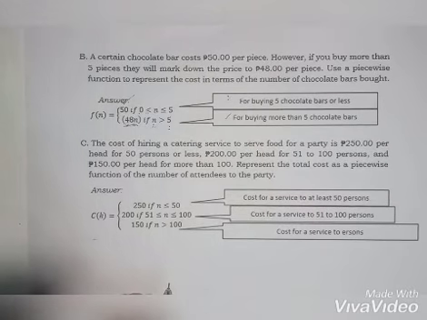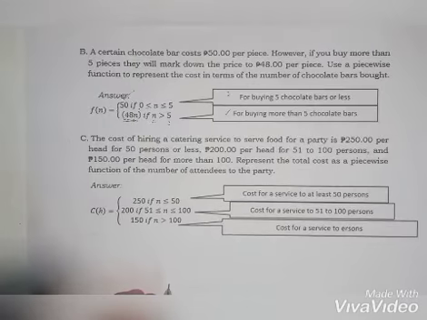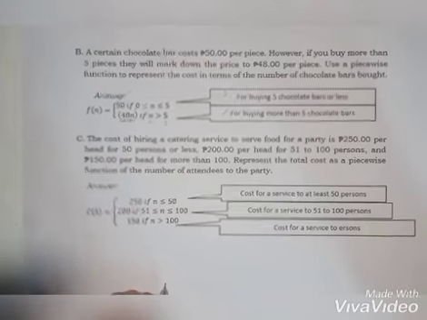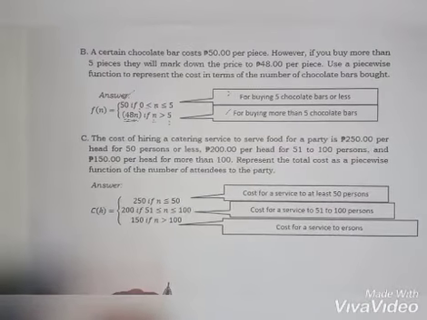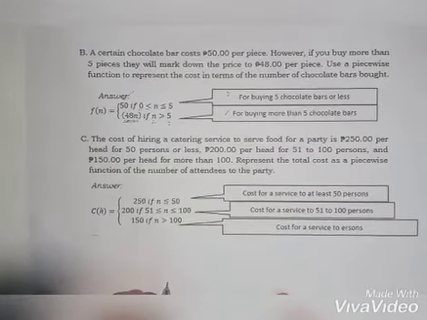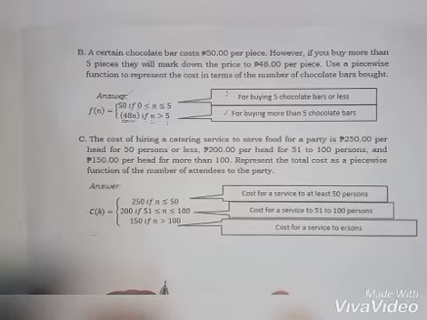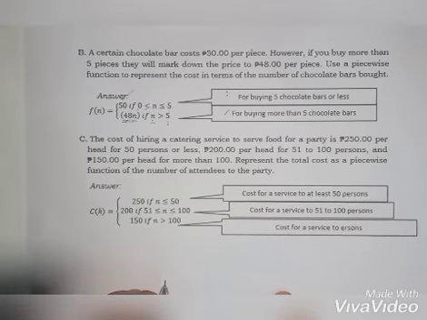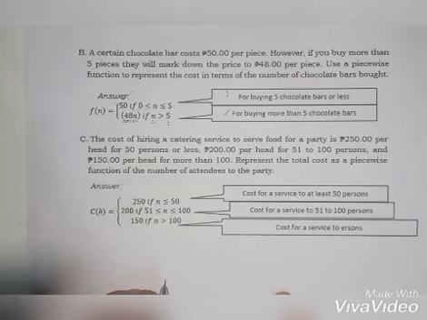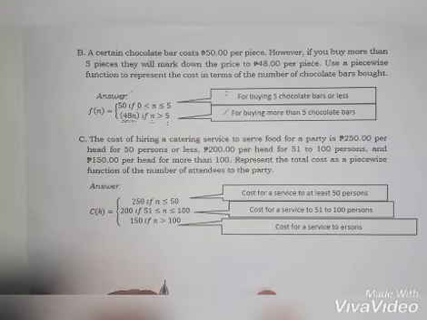Represent the total cost as a piecewise function of the number of attendees to the party. So this one illustrates a piecewise function because we are going to make use of 3 different formulas to solve the given, or to obtain a product.